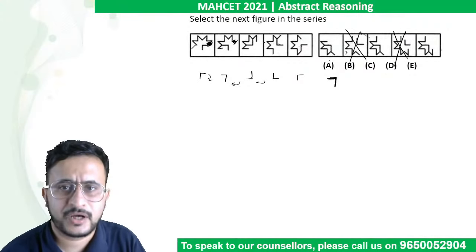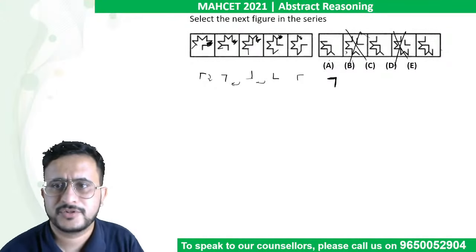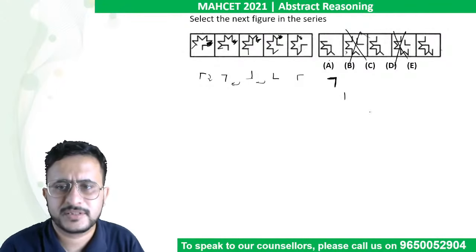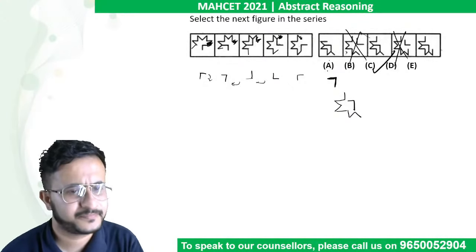In this case, this was removed and another hand was added this side. So this will get removed. It should start from like this, and this, and should be like this. This plus this. So that is option C.